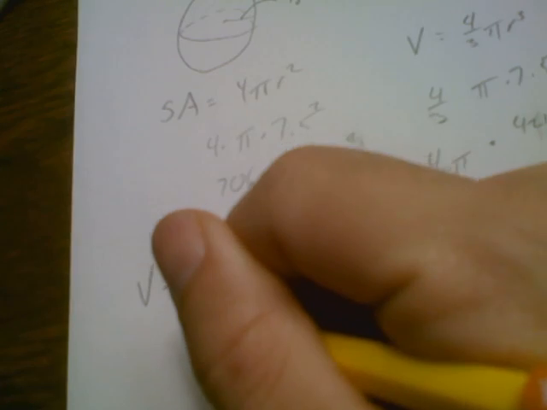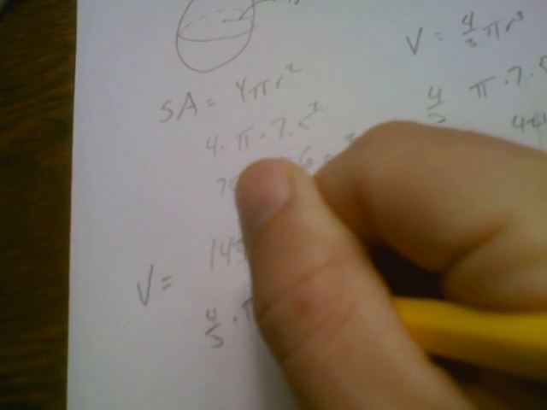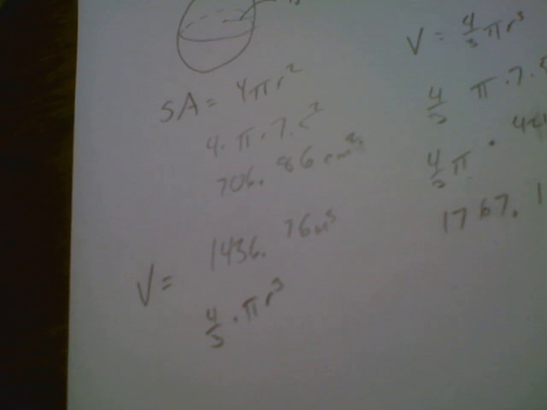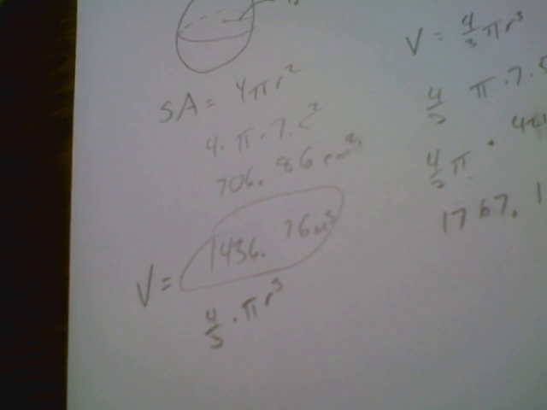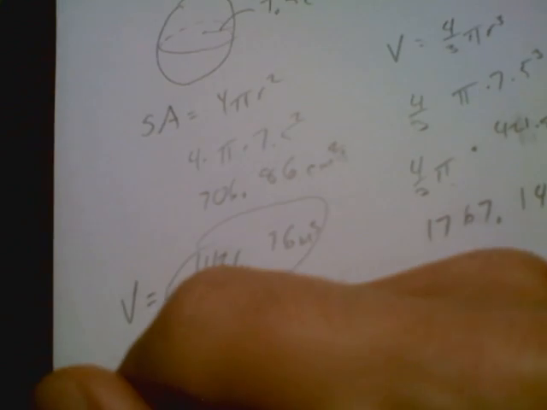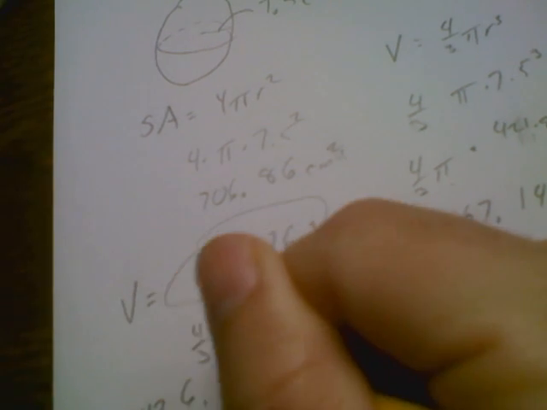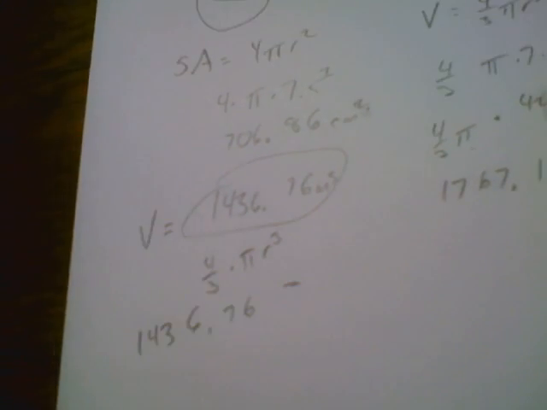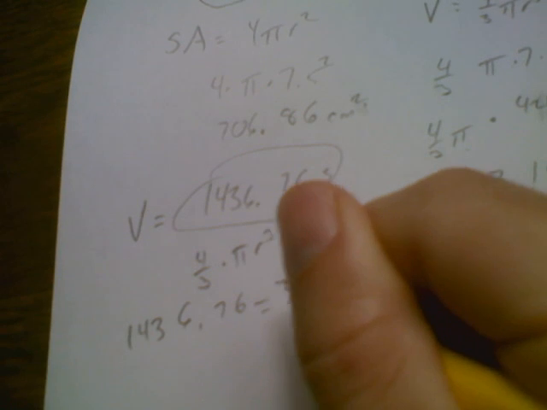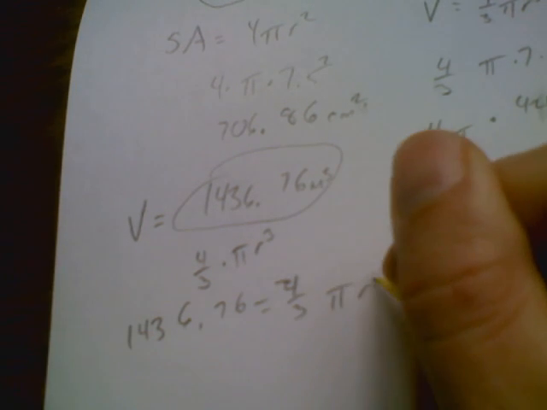We know that it's 4/3 pi r to the third. So what we do is we take this number, first of all, and multiply it by 3/4, the inverse of 4/3. So 1436.76 equals 4/3 pi r to the third.